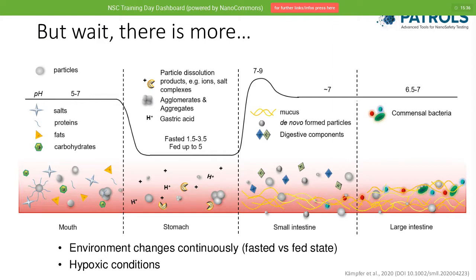For instance, encouraging a heavy change in the pHs depending on where you actually are in the gastrointestinal tract. You have the previously mentioned mucus and other digestive components like, for instance, enzymes. And then later on, going to the large intestine, a huge number of commensal bacteria, which can also influence the way that the intestine is reacting to, for instance, chemicals, pharmaceuticals, but also particles.